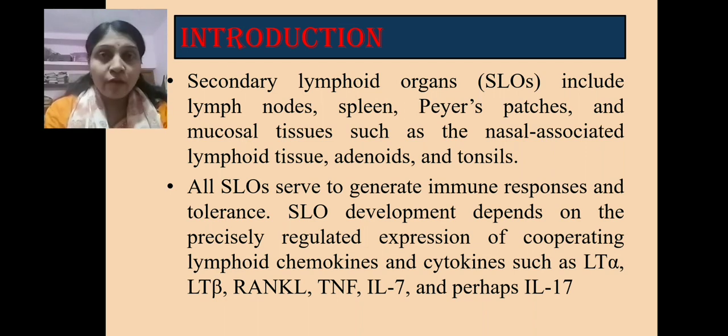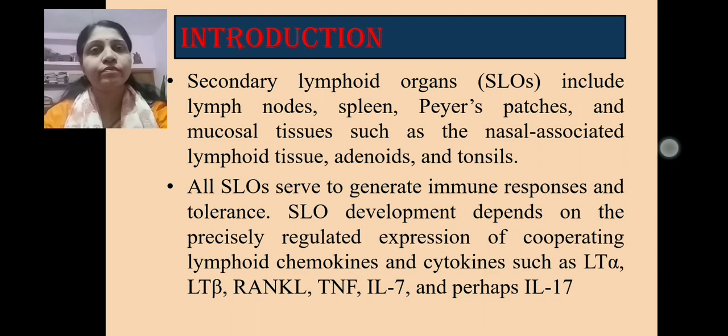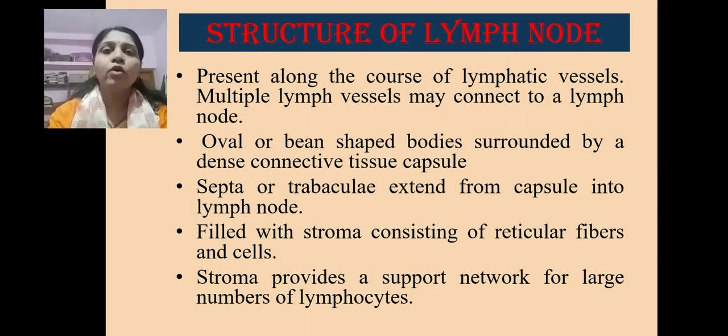So today we are discussing the structure and function of the lymph node. Within our body, up to 450 lymph nodes are present, in different parts of our body, on the face and on the different sides of our body. Majorly, at different sites along the lymphatic vessels, there are these regional lymph nodes.